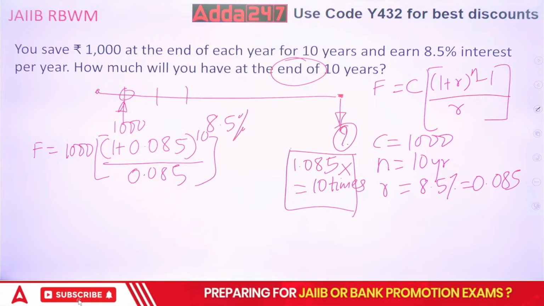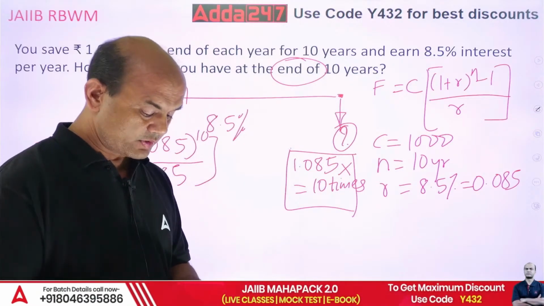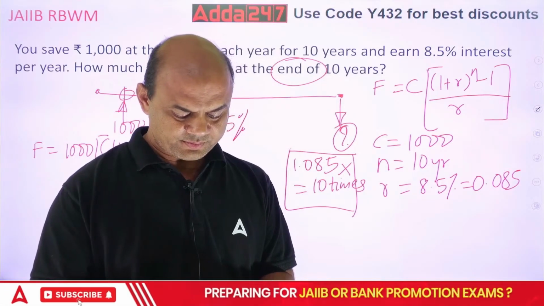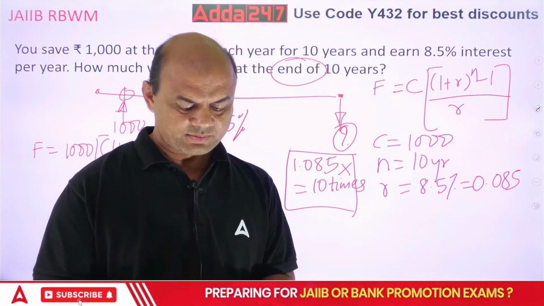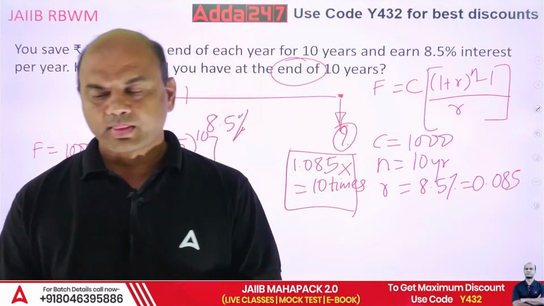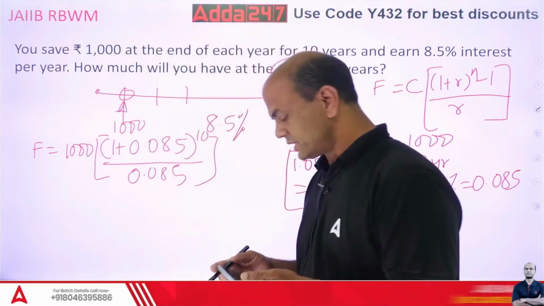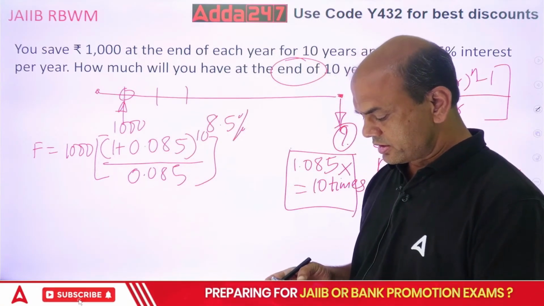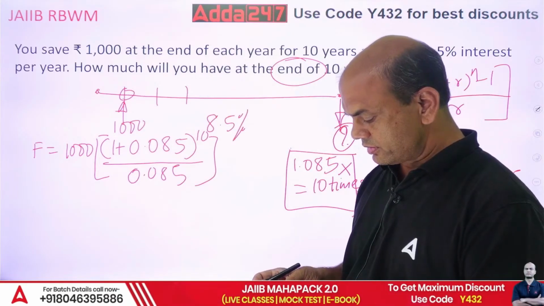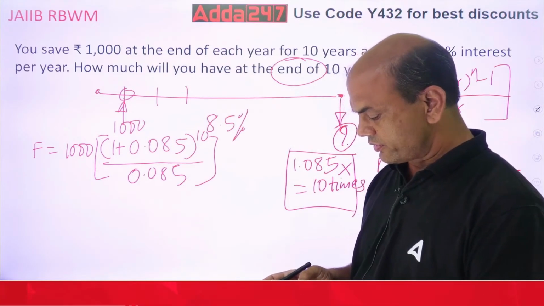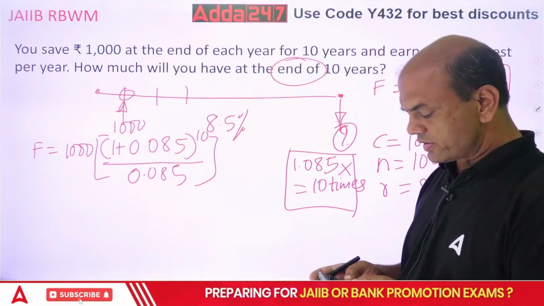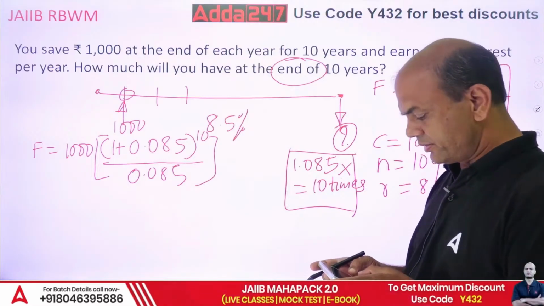Okay? So now let's try this. Everyone try it. Let me also try it over here. What is the answer? Let's see. 1.085, into, equal to, do it 10 times.